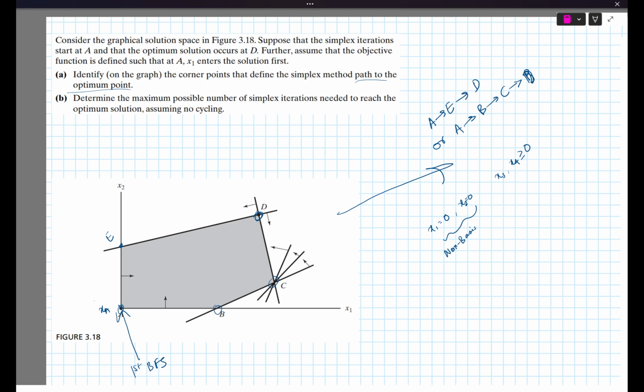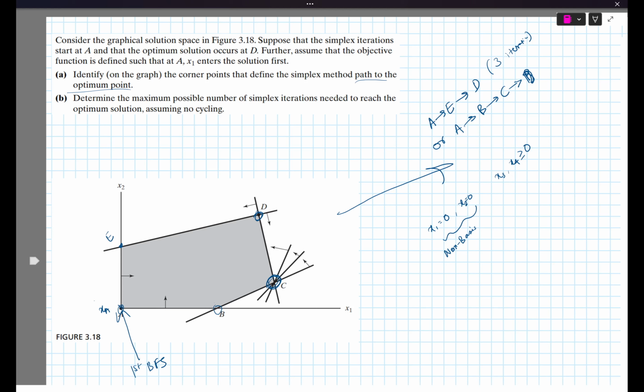The part B question is to determine the maximum possible number of simplex iterations needed to reach the optimal solution, assuming no cycling. Maximum number of iterations. So from A to E, B, D, it is 3 iterations, right? Yes. And from A, B, C, D, how much? 4. So here it can have multiple iterations, right? Yes.